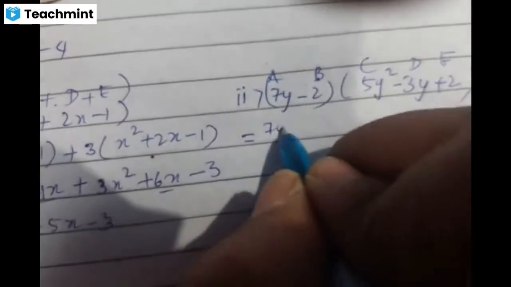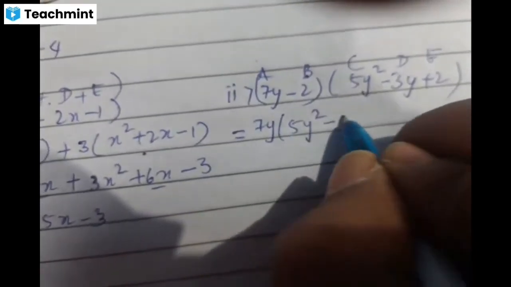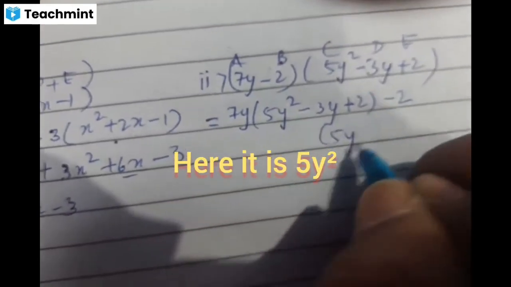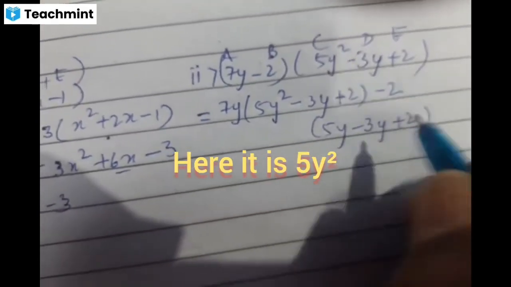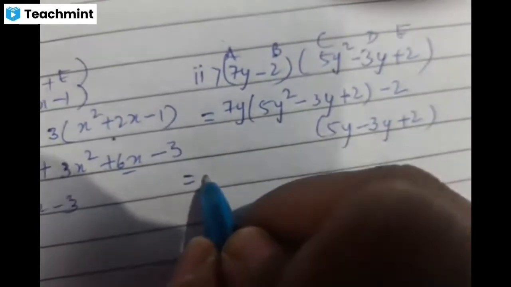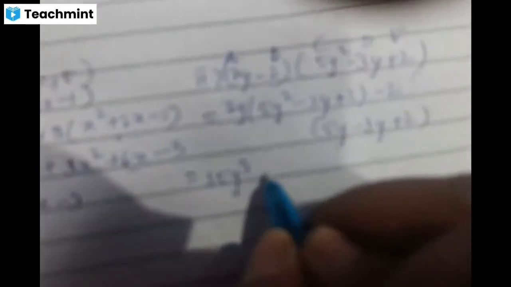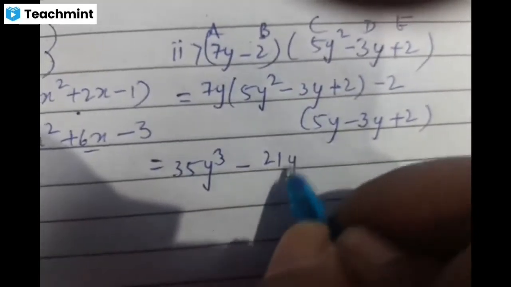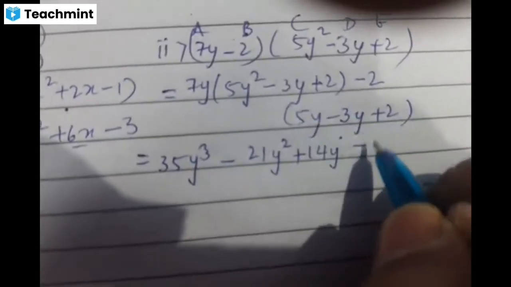That is 7y into 5y square minus 3y plus 2, minus 2 into 5y square minus 3y plus 2. 7 5s are 35 y to the power of 3, minus 7 3s are 21 y square, plus 7 2s are 14y, minus 2 into the second bracket. 2 5s are 10 y square.